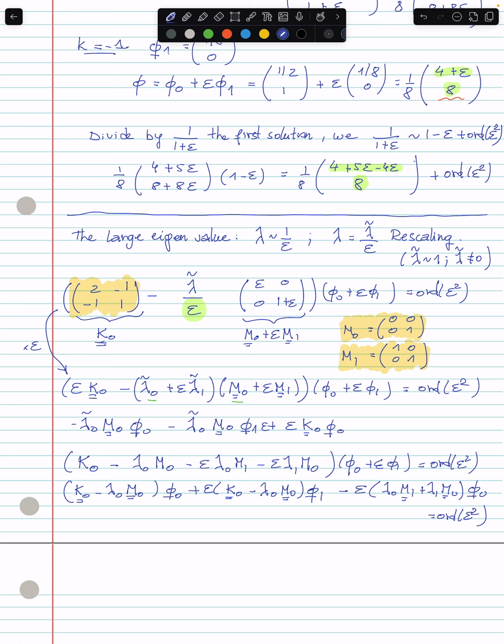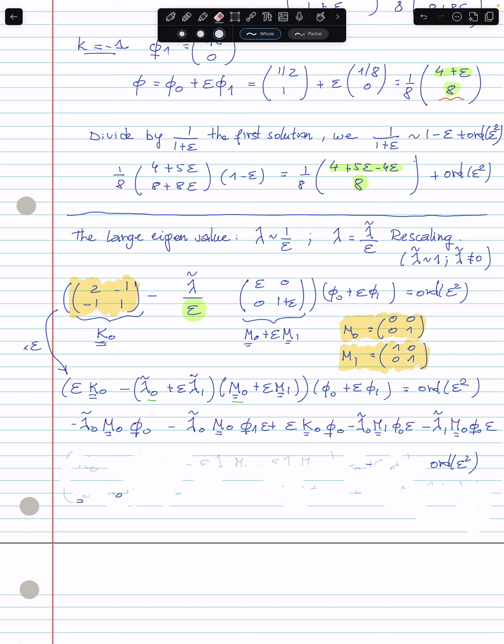And then we have minus lambda 0 m1 times phi 0, with an epsilon out there, and lambda 1 m0 and phi 0, and there's also an epsilon out there. All of that is equal to order epsilon square.